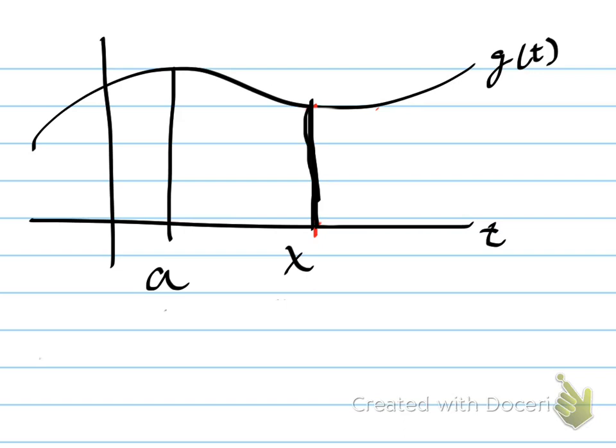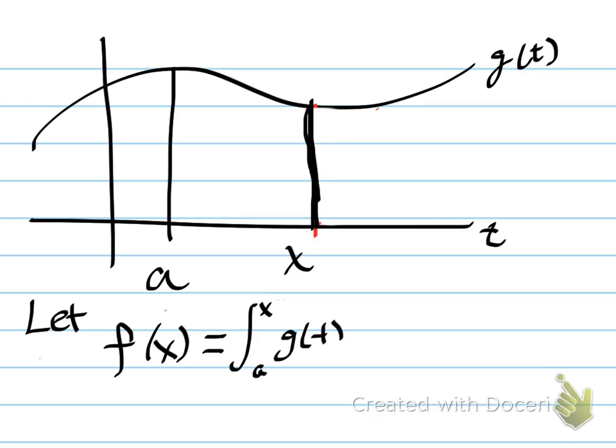So in order to investigate these areas further, I'm going to make another function based on these areas. Let f of x be a new function, and notice that it's based on x values, not t values, although x is in the domain of t. f of x is going to be the area under the curve from a up to whatever my changing x is, underneath g of t dt.